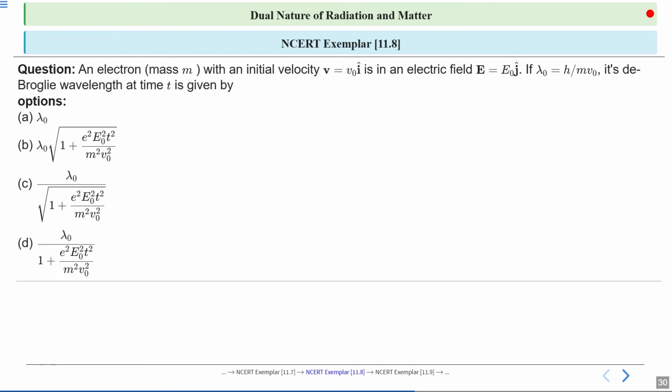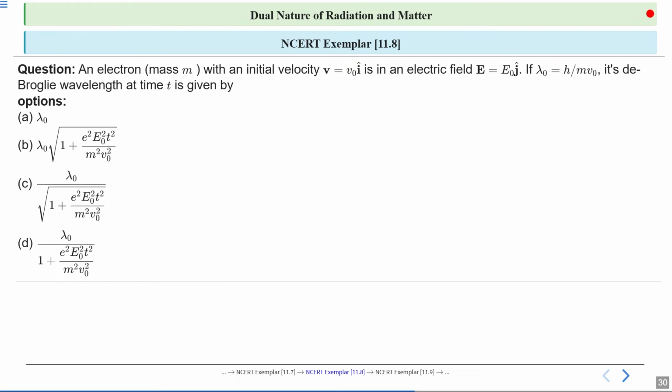Now let's examine NCERT Exemplar 11.8. The question says an electron of mass m with an initial velocity v equal to v naught i cap, which is along the x direction, is in an electric field E equal to E naught j cap. Now the electric field is along the y direction. If lambda naught is equal to h upon m v naught, its de Broglie wavelength at time t is given by.